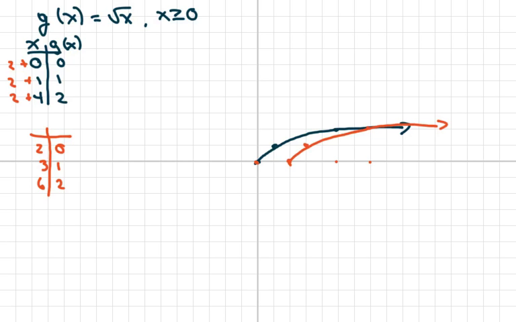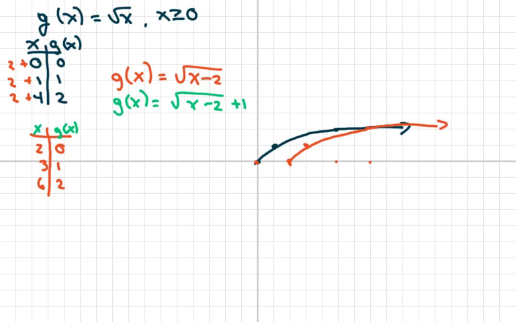And then the next thing we're going to do is shift this up. So the red one was g of x equals the square root of x minus 2. And then the last thing we're going to do is shift it up by 1. So basically I'm going to take my y here, or my g of x, and add 1 to it.